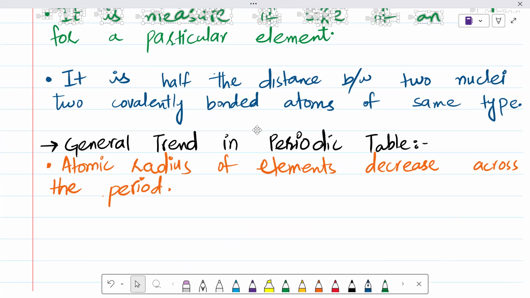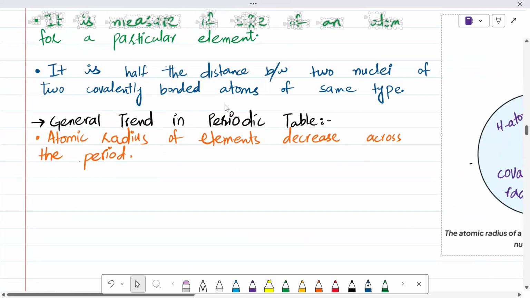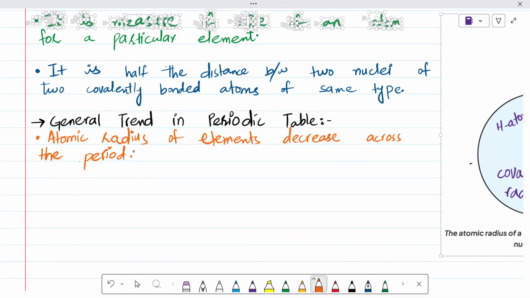The atomic mass increases. Atomic number means the number of protons is increasing, right? So when the number of protons increases, what will happen? When the proton number increases, isn't it that electrons will also increase, because we have discussed that there are equal numbers of protons and electrons in a neutral atom, isn't it?